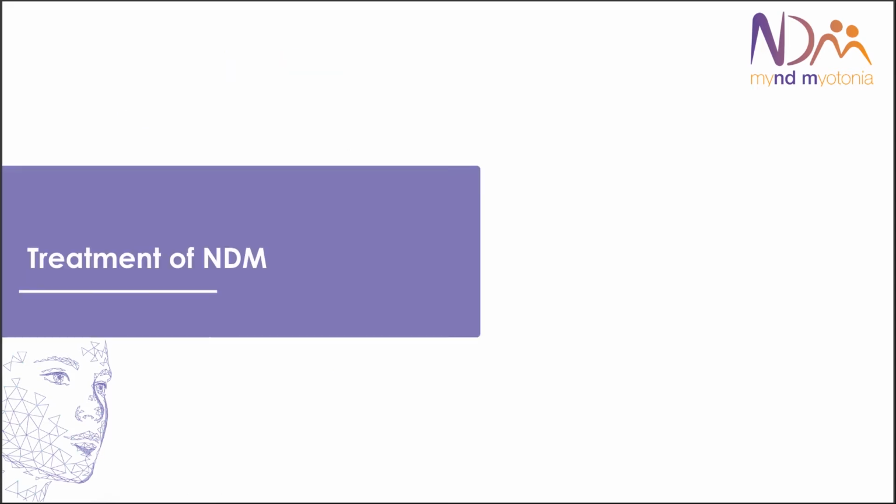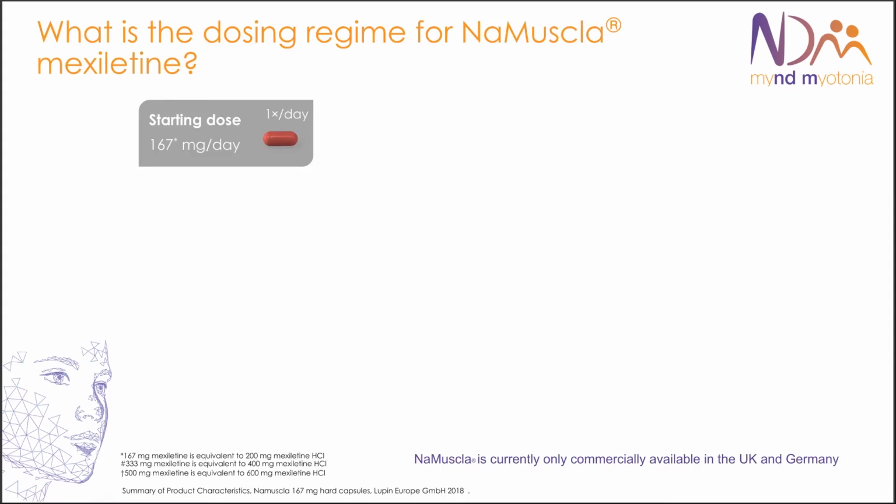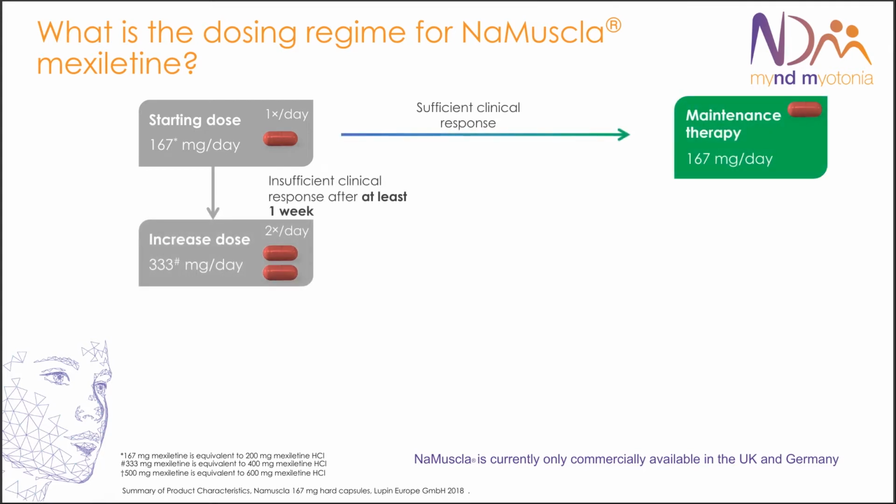So how do we treat these patients? In general, what we are going to do is recommend mexiletine, whose commercial name in the UK and Germany, as you know, is NaMuscla. We will start with 1 pill per day. I recommend you start this dose for 1 or 2 weeks. If the patient is fine, we can just keep that dose.